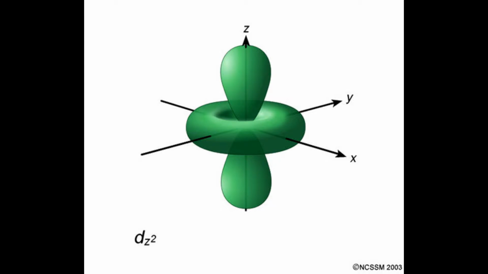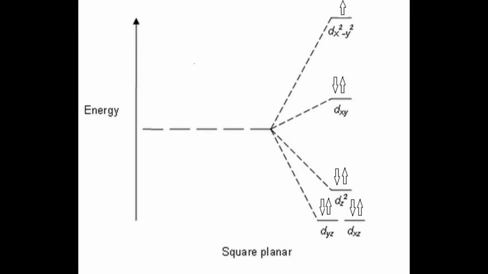This happens because the dz² has a donut, which is in the xy plane, and this means that if the electrons are there in the dz² orbital, then they must also feel some repulsion from the ligands' electrons.